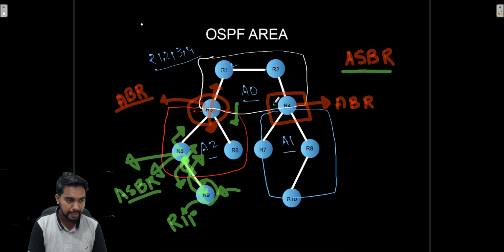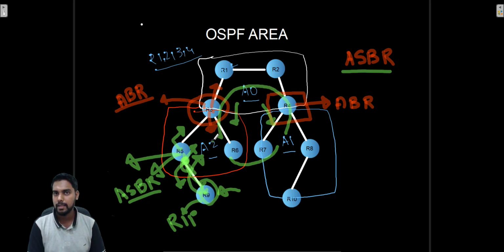Summarization can be done between area number 0 and area number 1, and vice versa. You cannot do summarization within an area, and you cannot have communication between area number 1 and area number 2 without passing through area number 0. And that's all that you need to know about areas in OSPF.